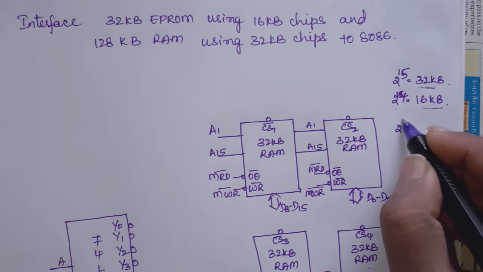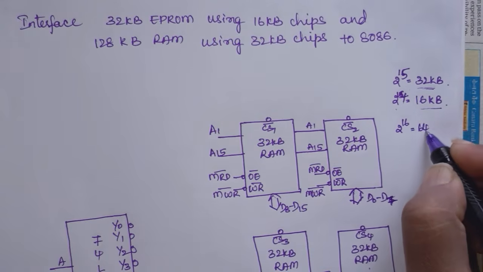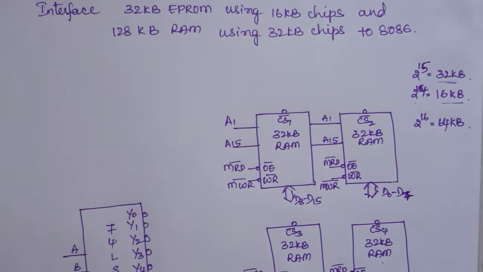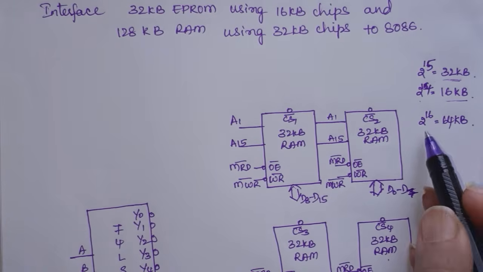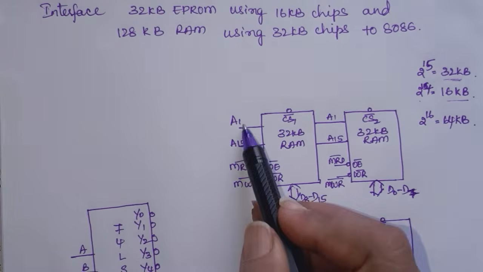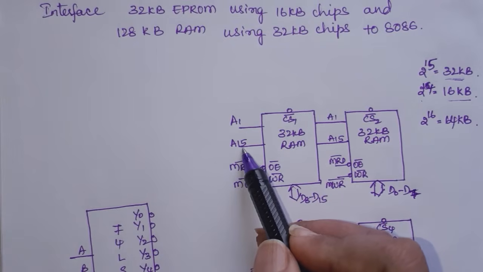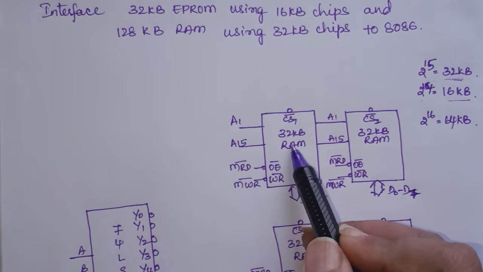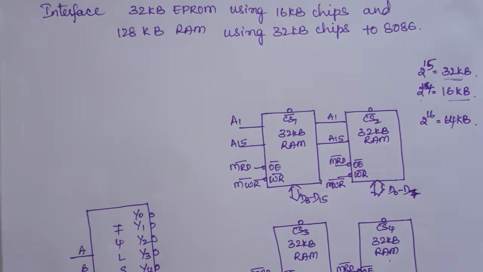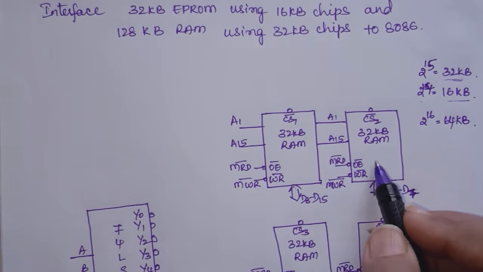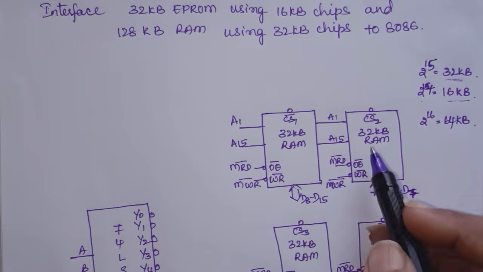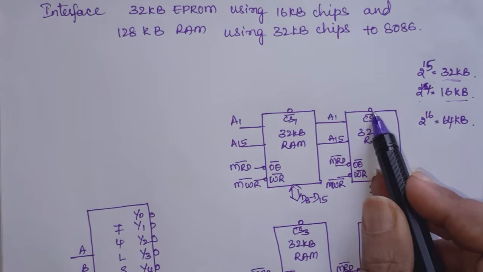64 KB requires 16 address lines. So here A1 to A15 is connected to these chips as required. A1 to A15 will be 15 address lines which are connected to these chips. A0 is used in selecting the banks. We know A0 is used in selecting the even bank.